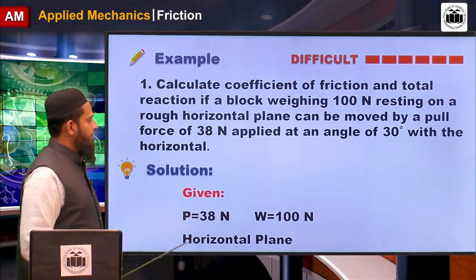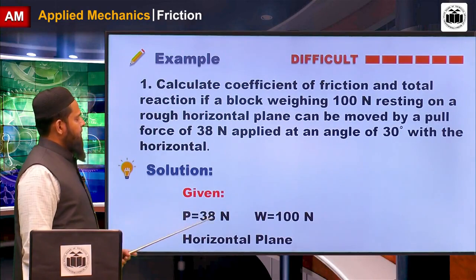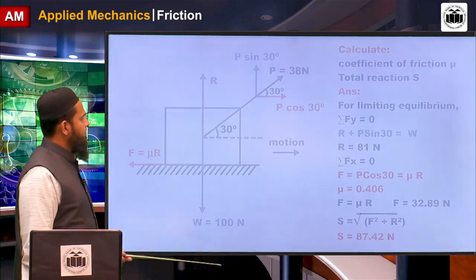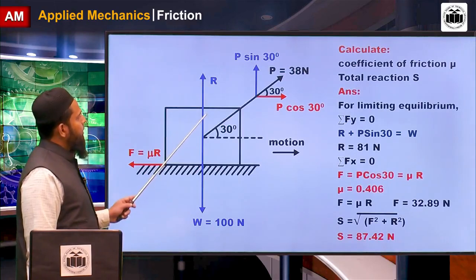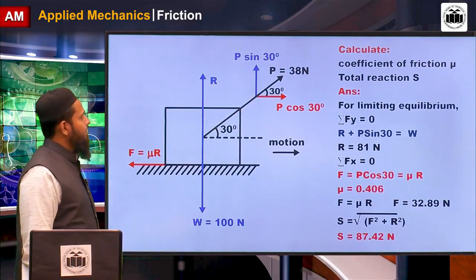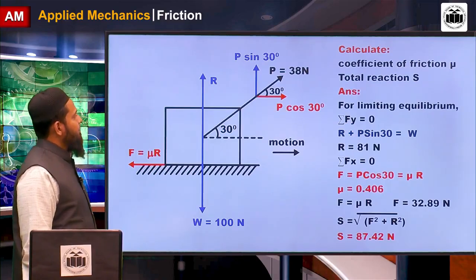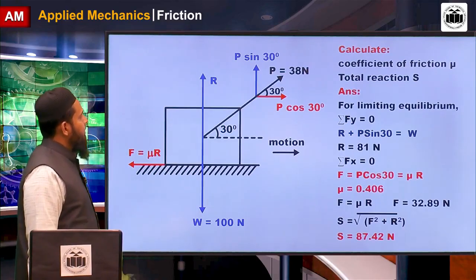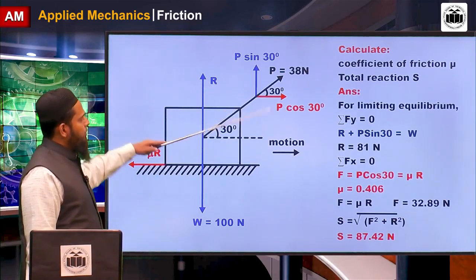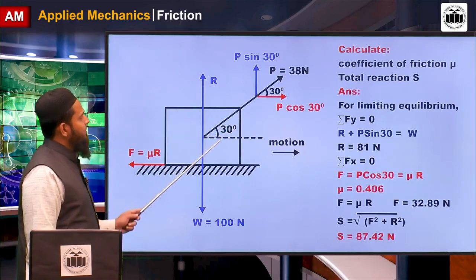Example first, given a block on a horizontal plane with pulling force 38 Newton and W is equal to 100 Newton. The pulling force is at 30° to the horizontal surface.